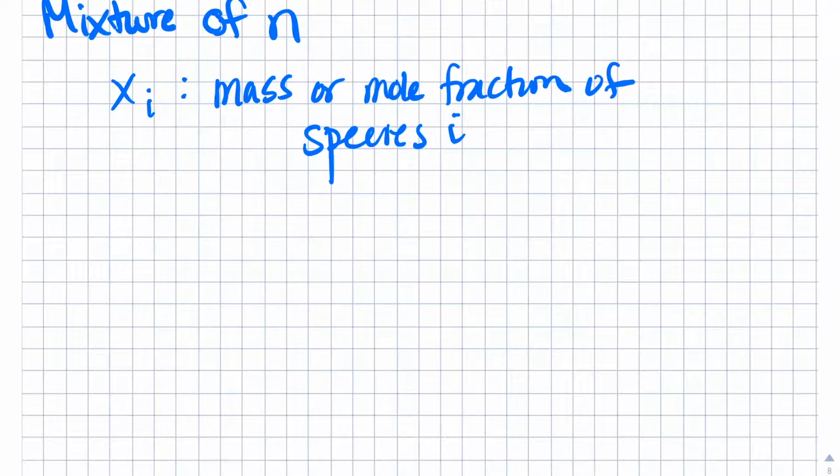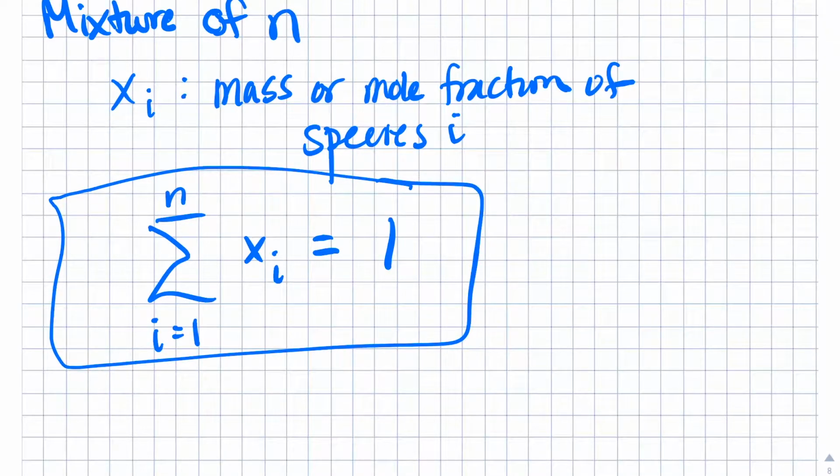Then the sum from the first species all the way to the nth species of x sub i, of the mass or mole fraction, is equal to 1. You're going to use this identity a lot in your engineering calculations, so it's something to remember.